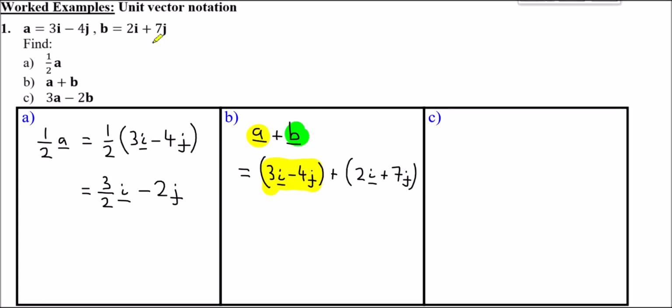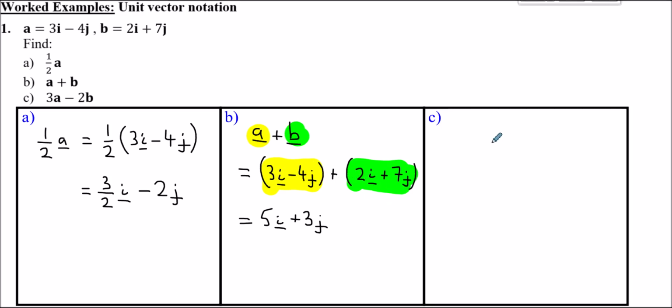And B in unit vector form is 2i plus 7j. So now we look at the i components first. 3i plus 2i overall is going to give us 5i. And the j components, minus 4j plus 7j, gives us plus 3j overall. So at this stage, it's very much just like simplifying basic algebra. Simplify the i's, collect your like terms, and group together the j's, collect your like terms in the same way.